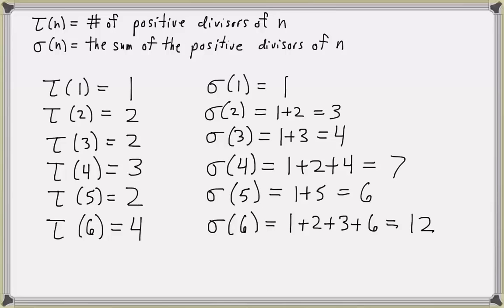So as I mentioned, if p is prime, then p would only have two positive divisors, so tau of p would always equal 2, and sigma of p, the only divisors would be 1 and p, so it would equal p plus 1. We can do even better than this.